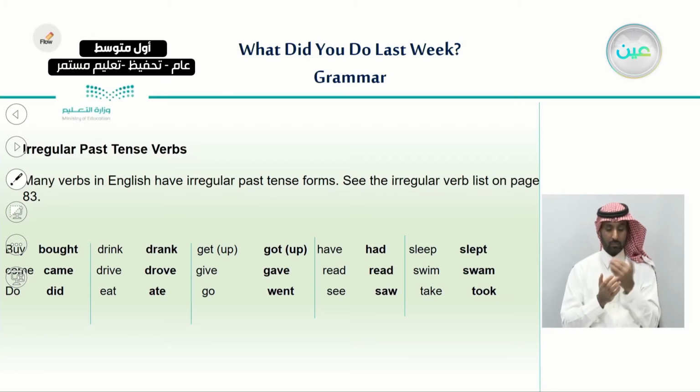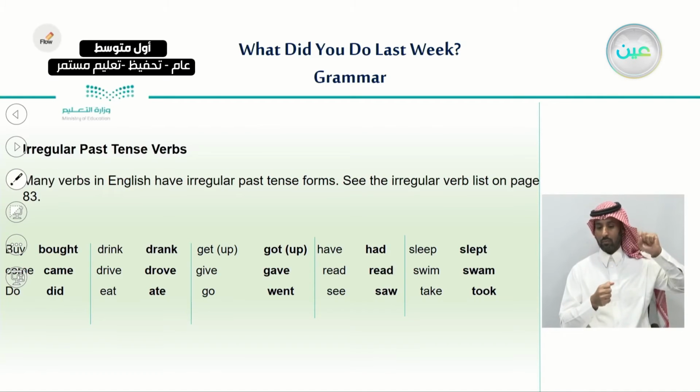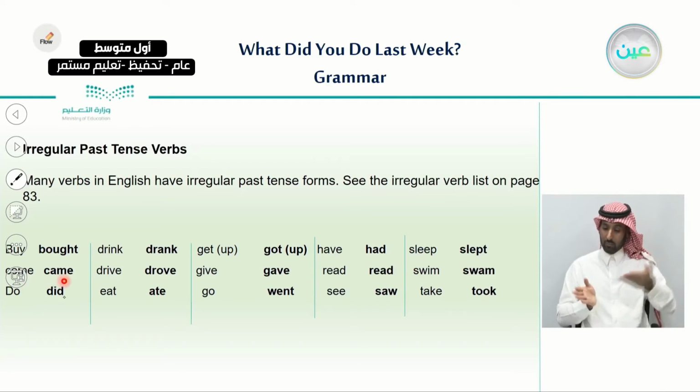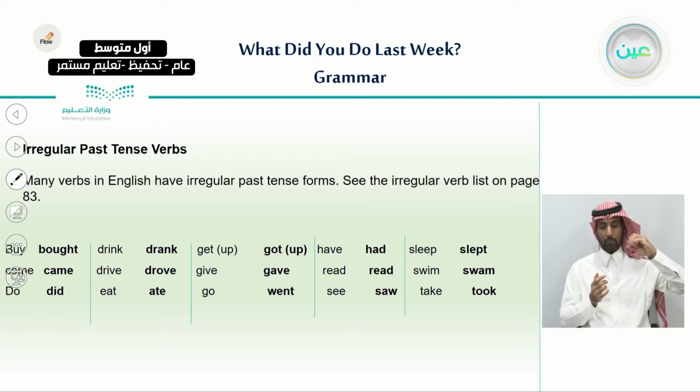For example, here we have the verb buy. The past of the verb buy is bought. This is irregular. And also come, the past tense is came. Do, the past tense is did. And also drink, drank. Drive, drove. Eat, ate.